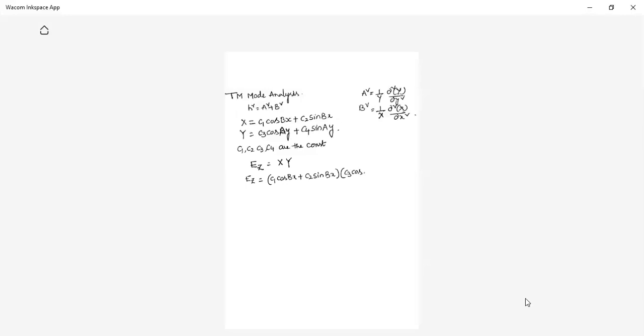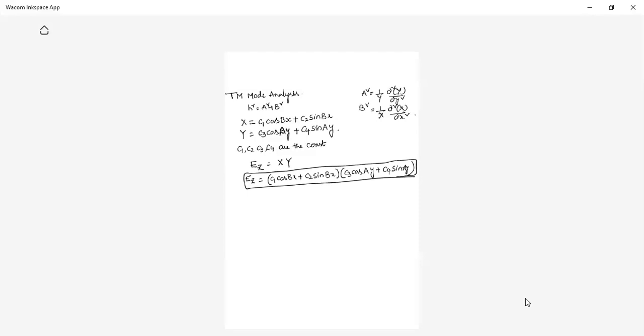C3 cos Ay plus C4 sin Ay. This is our Ez, because everything is in terms of Z only.